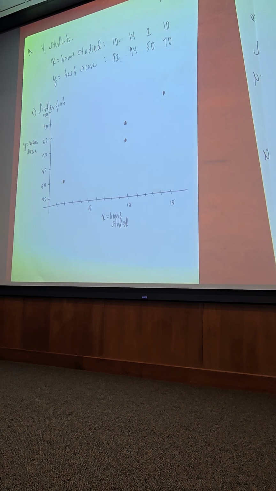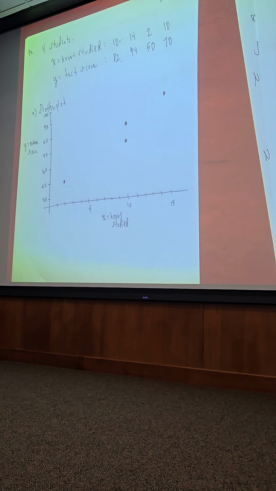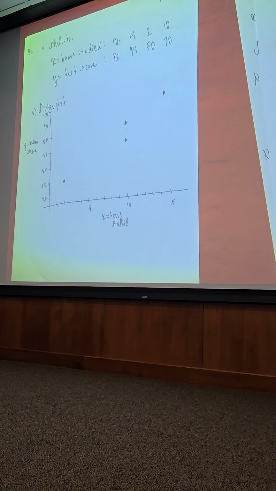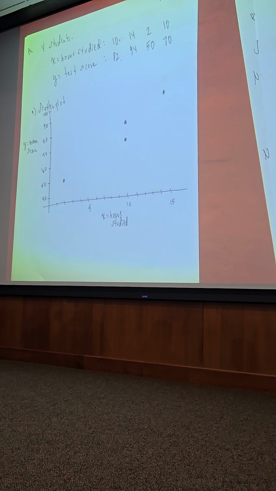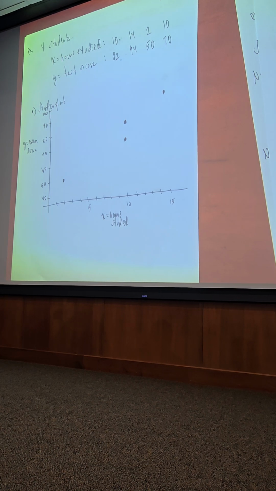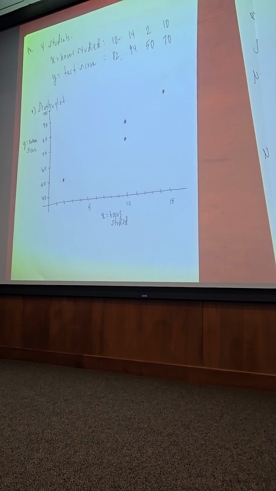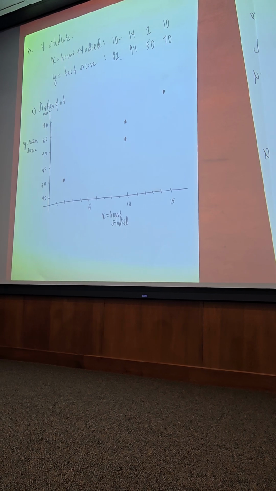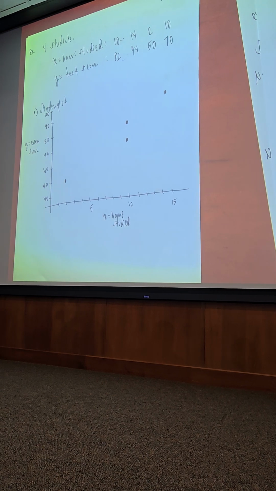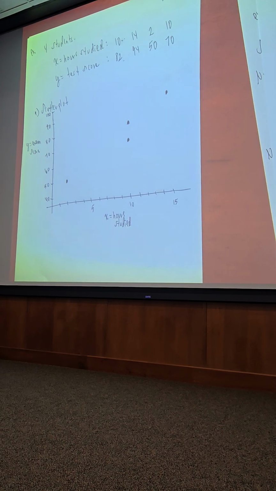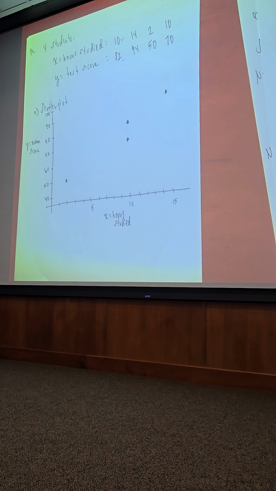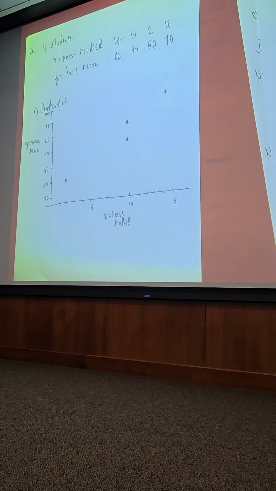If you had to guess at the mean exam score for people that studied 5 hours, what would you guys say? Take a guess at the mean exam score for people that studied 5 hours. Just kind of look at the graph and kind of tell me what you guys would say. In the ballpark of what would you say?